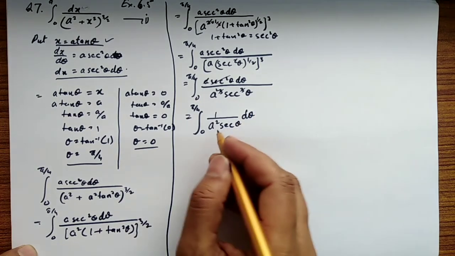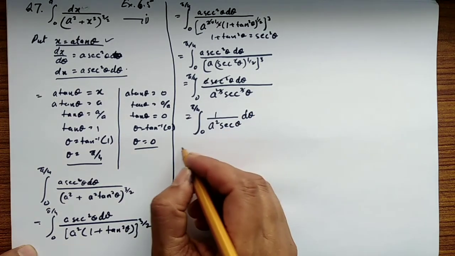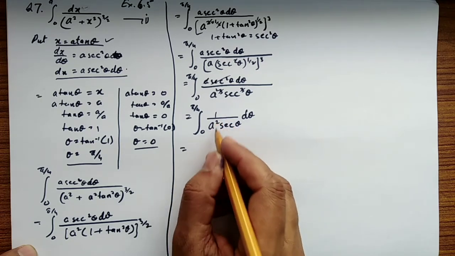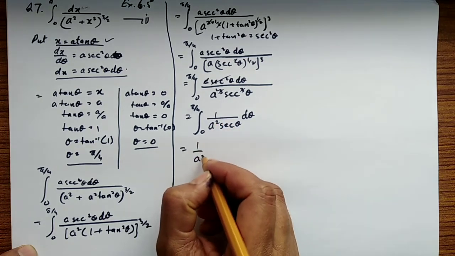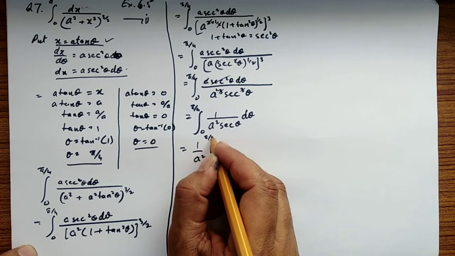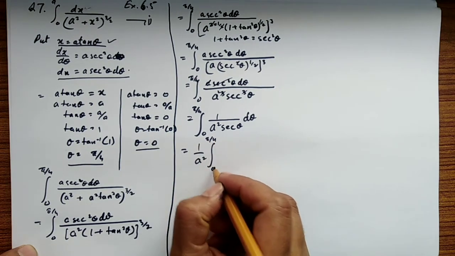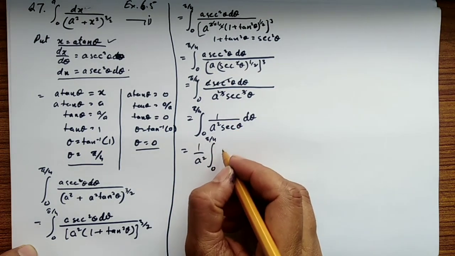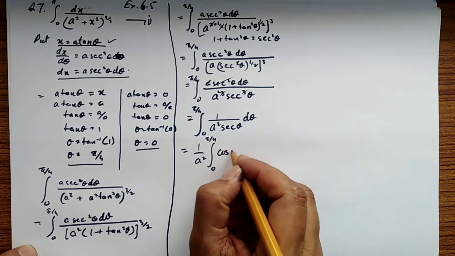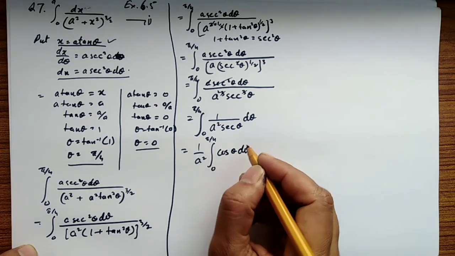So in place of this part, I can move this 1 upon a square outside, which is a constant, and write the integral from 0 to pi upon 4, and in place of 1 upon sec theta I can write cos theta d theta, right?